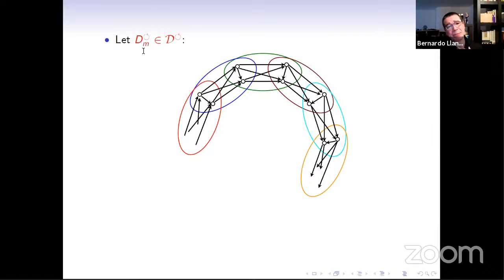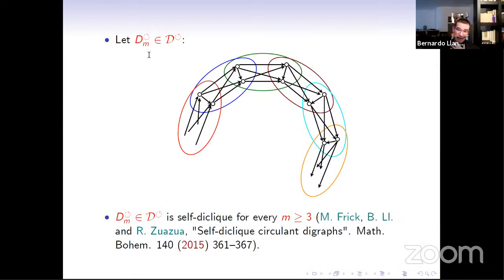And you can imagine this from 3 copies of this, and then you close the graph, or 4, 5, and you have this kind of graph. We call this DM, and these are self-dicyclic graphs. It was a beautiful paper that I have with my friends Marietjie Frick from South Africa and Rita.